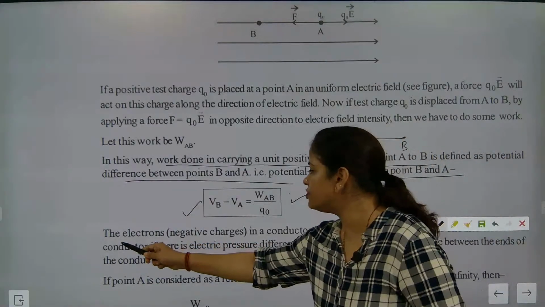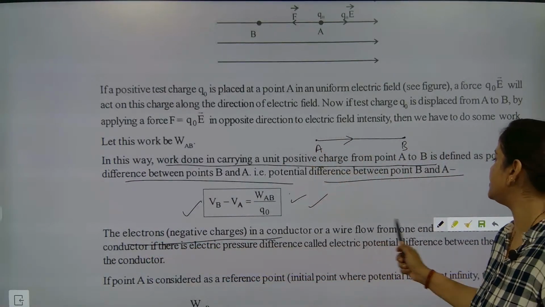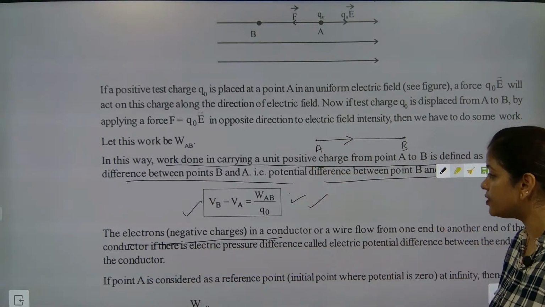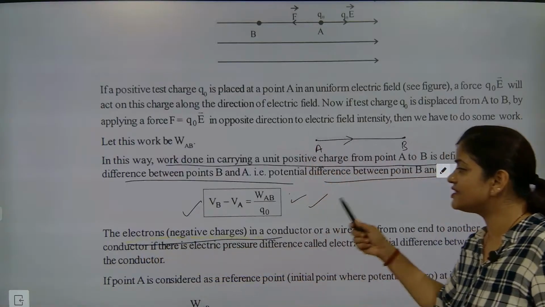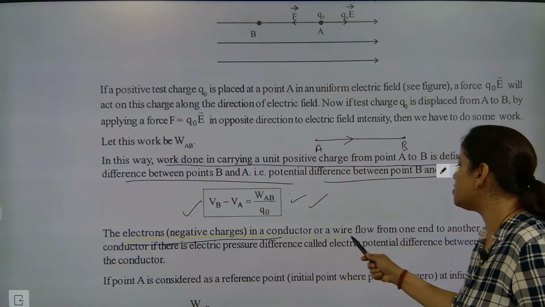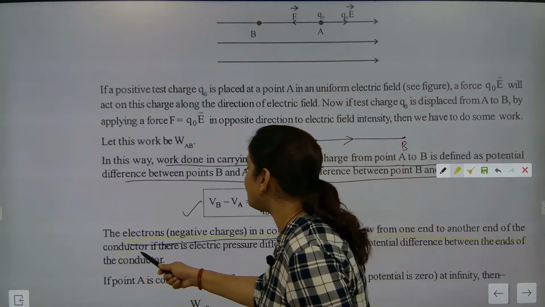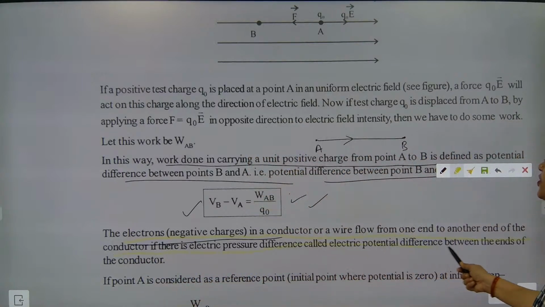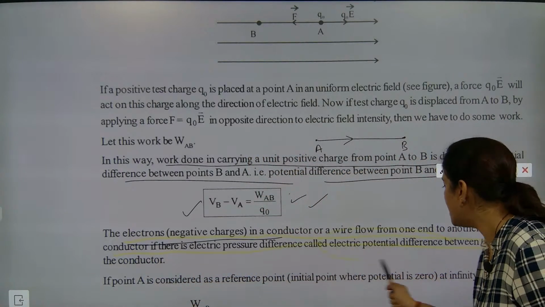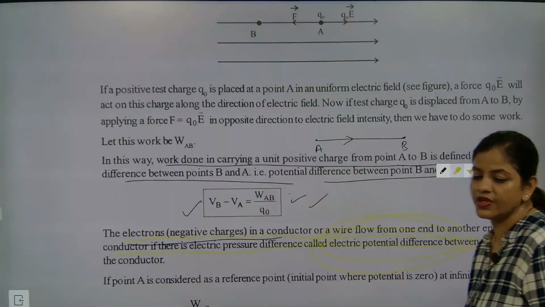So electrons are negatively charged. The electrons, that is the negative charge in a conductor or a wire, flow from one end to the other end if there is an electric pressure difference, called electric potential difference, between the ends of the conductor.